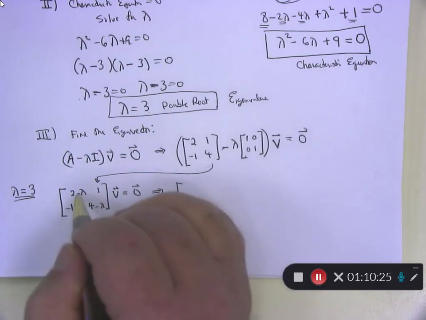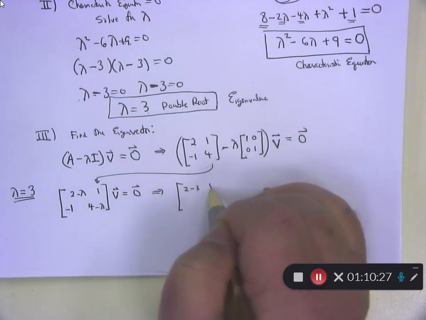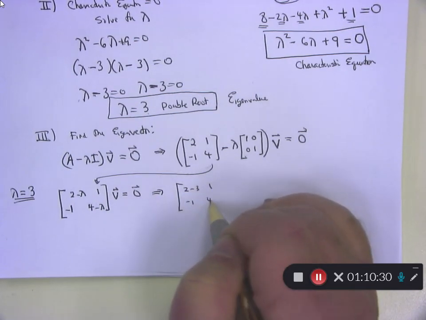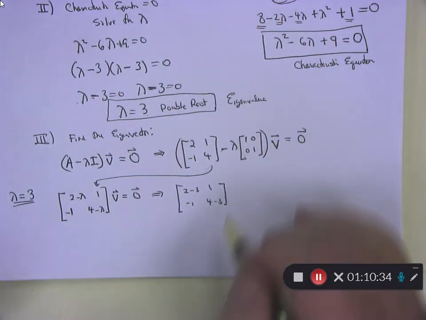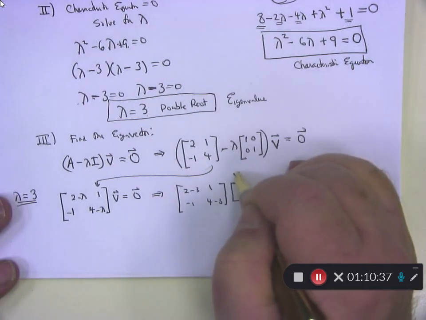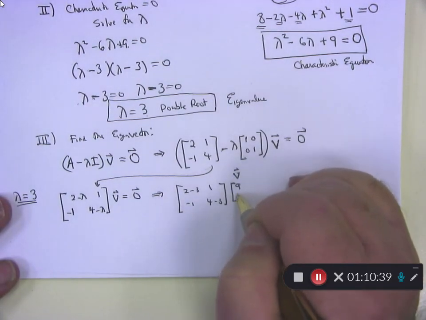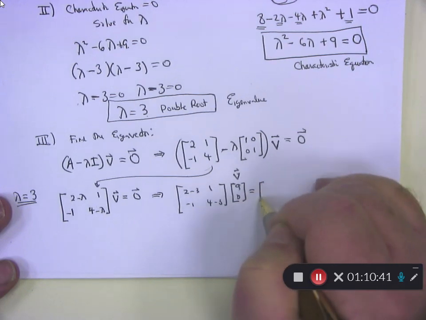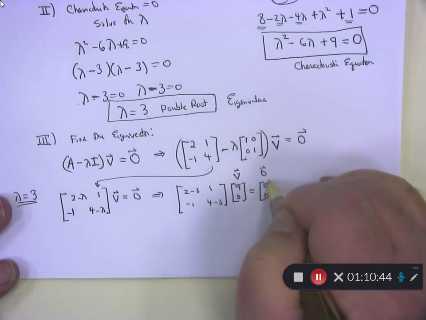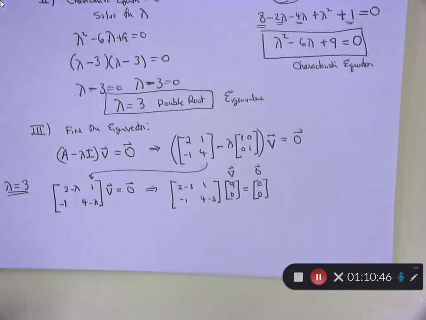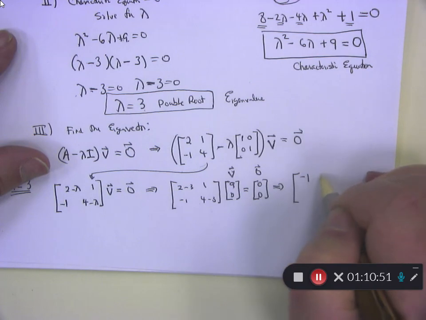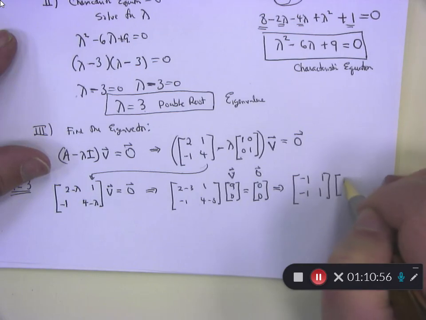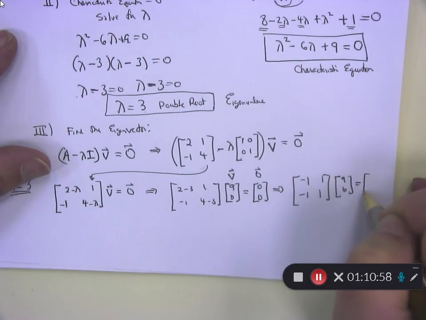This would be 2 minus 3. I'm trying not to skip any steps, but I do most of this work in my head, just to be quite honest with you. But I'm plugging in lambda equals 3 here. Times this vector v. I'm going to relabel vector v as, let's call him AB. There's my guy. And it's got to be equal to the 0 vector, which is now 0, 0. This is going to give me negative 1, 1, negative 1, 1 times vector AB equals 0, 0.